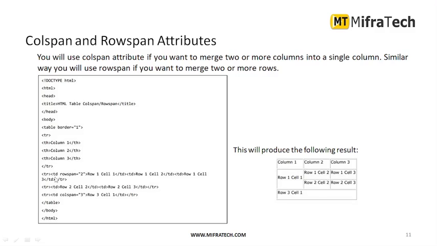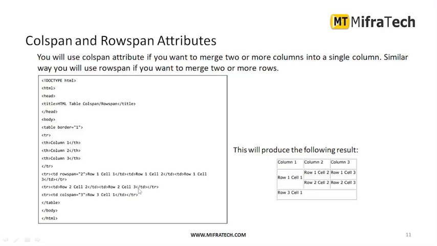The next table row, the table data, here you can see rowspan as 2. It takes the table rows as 2 rows. Row 1, cell 1. Close table data, row 1, cell 2, and then it has been entered the same.